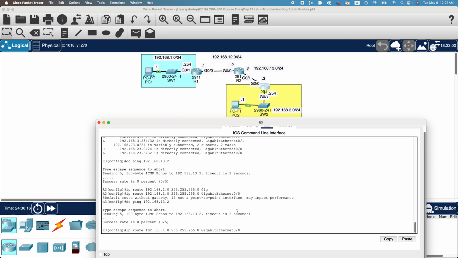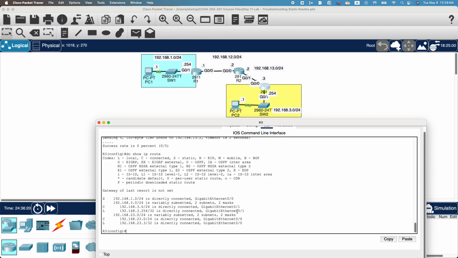Okay, so do show IP route on R3. Yeah, so this means that the IP address here is configured, I think, incorrectly. This 0/0 interface on the number 3 router needs to be 192.168.13.0/24.